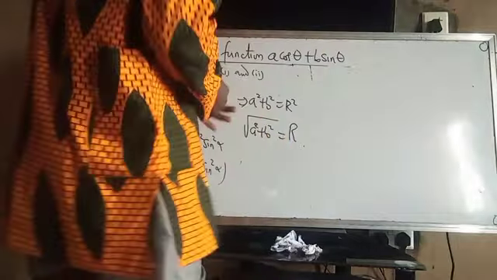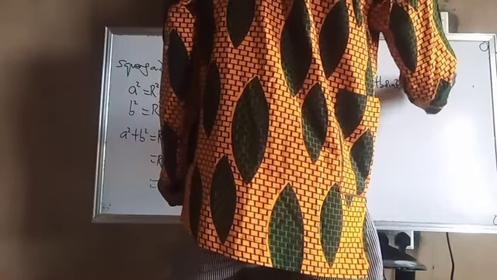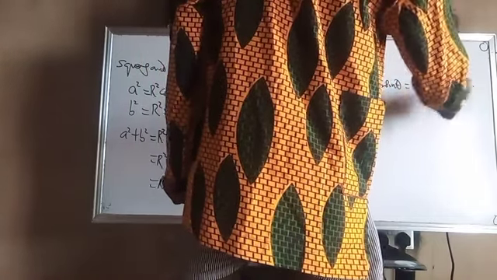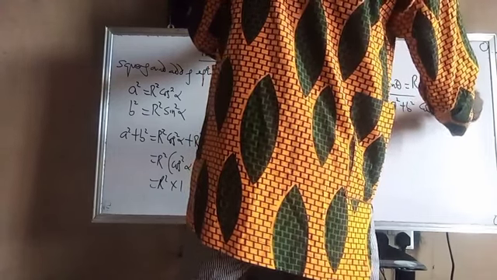Okay. Now, what next? Recall that a cos theta plus b sine theta was given to be R cos of theta minus alpha. So that will invariably be, with our r now as the square root of a square plus b square, cos of theta minus alpha.